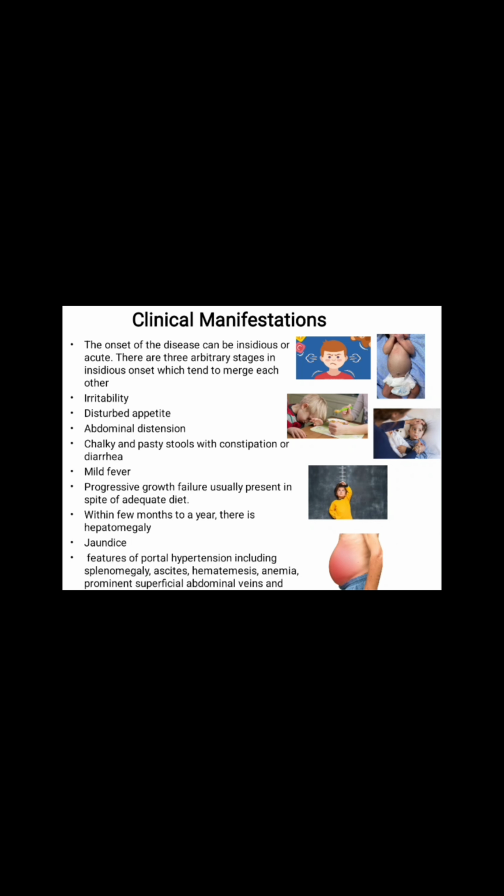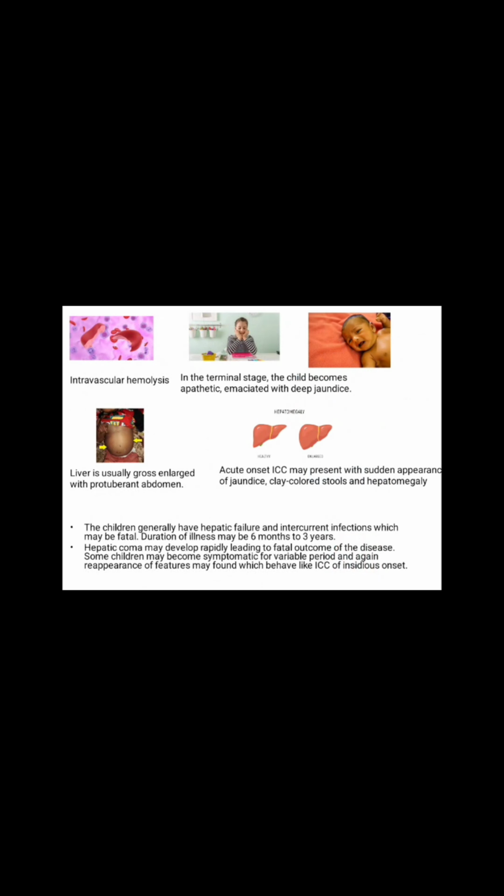Within a few months to a year, there is hepatomegaly, jaundice, features of portal hypertension including splenomegaly, ascites, hematemesis, anemia, prominent superficial abdominal veins, and intravascular hemolysis.